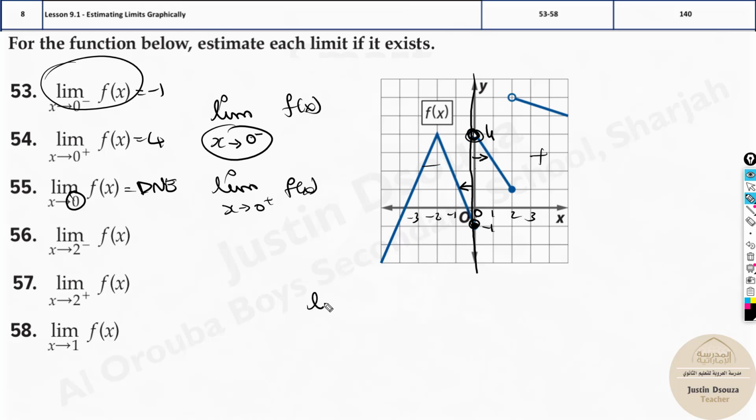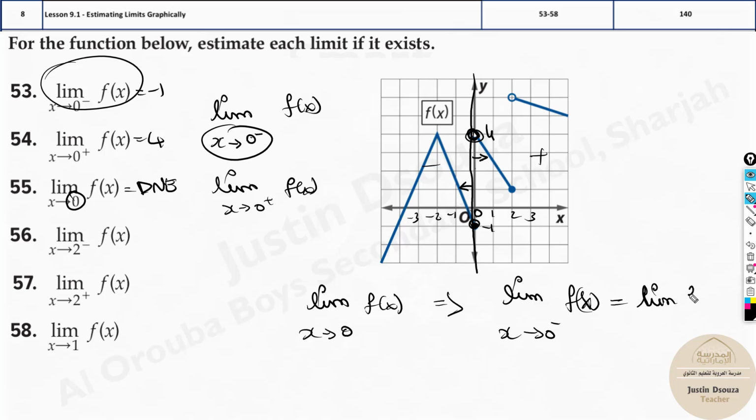There is a rule: in order for the limit as x tends to 0 of f of x to exist, the limit from the left side must be equal to the limit from the right side. This is very important. Limits on the negative and positive sides must be equal, only then this exists. Otherwise, if they're not equal, it is DNE.